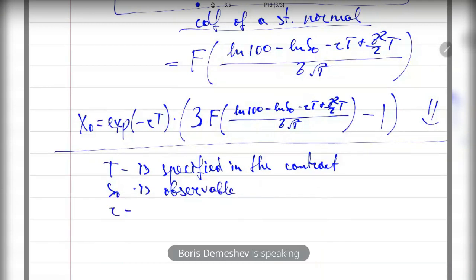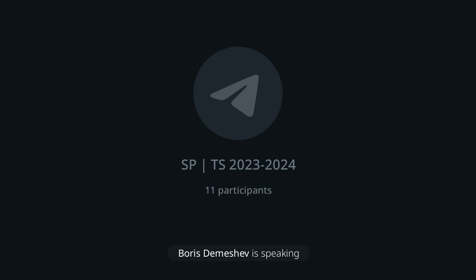R is the risk-free interest rate. In the real world, honestly speaking, we have no risk-free assets, but something like state bonds of some big countries are considered more or less risk-free.